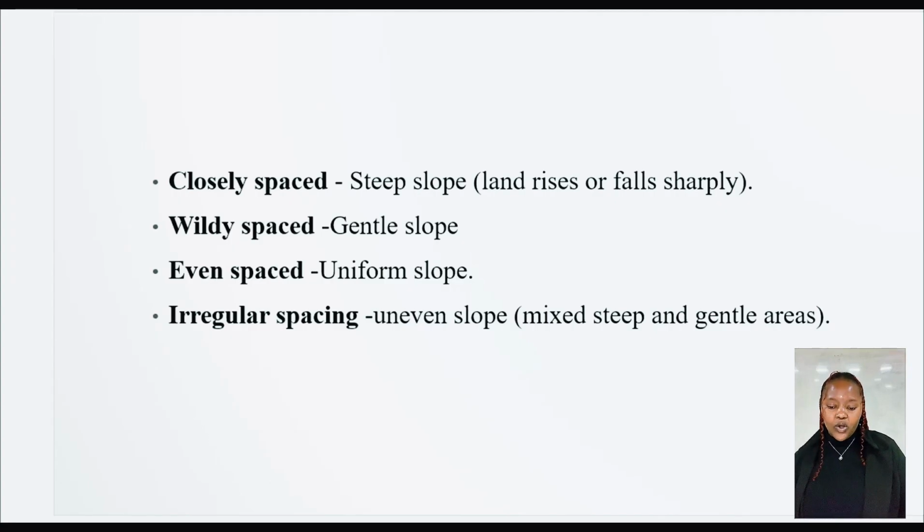Widely spaced contour lines mean we have a gentle slope. Evenly spaced means the feature has a uniform shape. Irregular spacing means an uneven slope, or mixed steep and gentle areas.